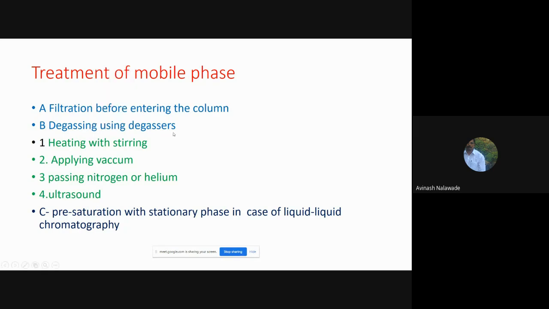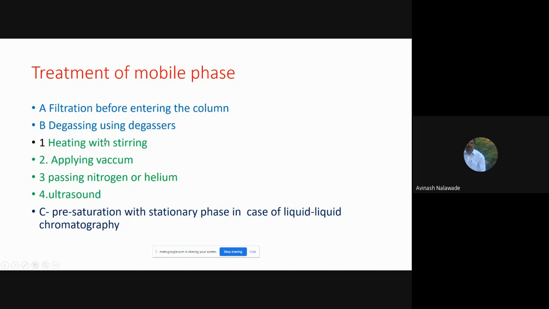Okay, so how the degassers work: we can degas it by heating with stirring, or we can apply vacuum, or we can pass gases like nitrogen or helium, or we can use ultrasound. म्हणजे पहा इथे डिगॅसिंग आपण कोणकोणत्या प्रकारे करतो.